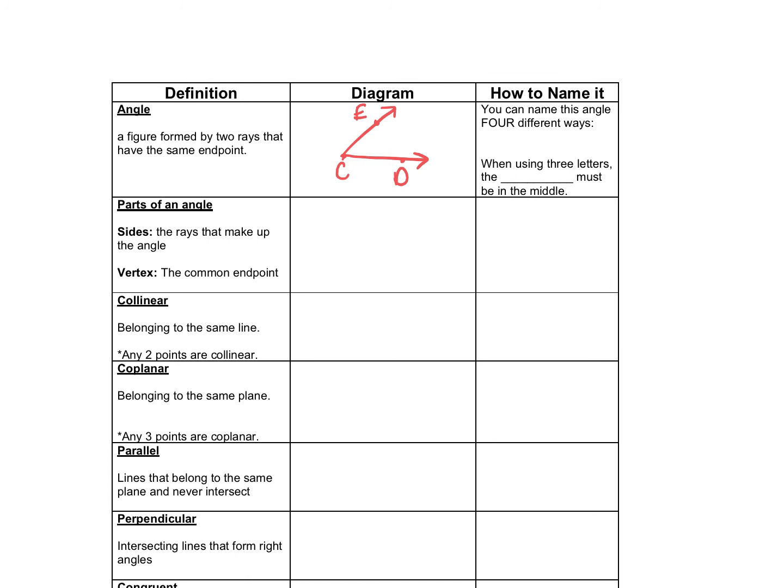And you can name this angle in four different ways. When using three letters, the vertex of an angle must be in the middle. So if I were to name this angle, I would call this angle ECD, or I could call it angle DCE, but notice how I kept the C in the middle because the C is the endpoint that ties it together, also known as the vertex.